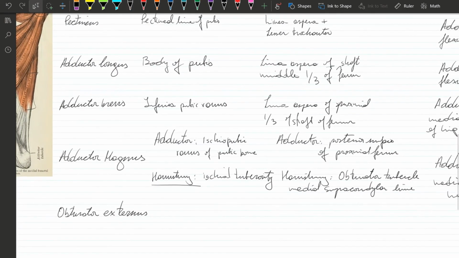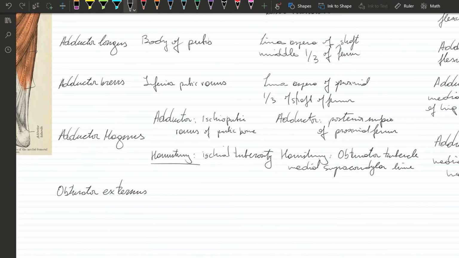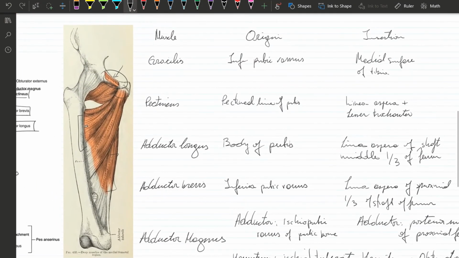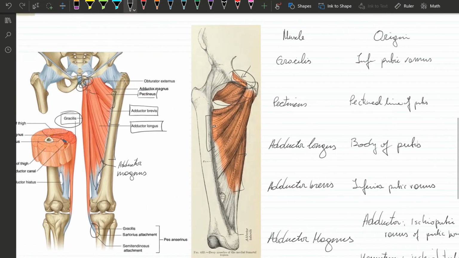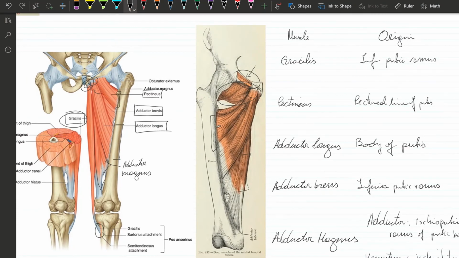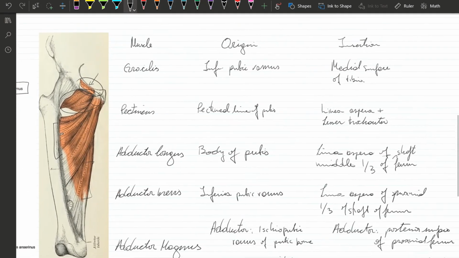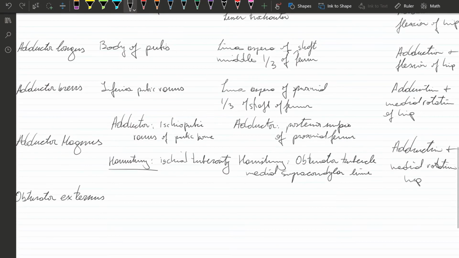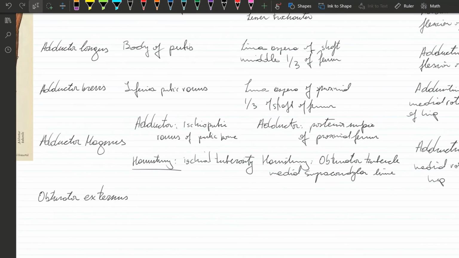The obturator externus is the last muscle, found right here on the posterior side, still part of the medial compartment. We can barely see it in this image. This one's a little bit more clear. Its origin is going to be the obturator membrane.